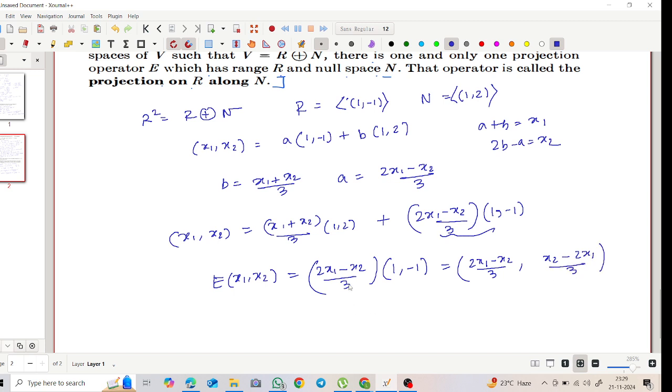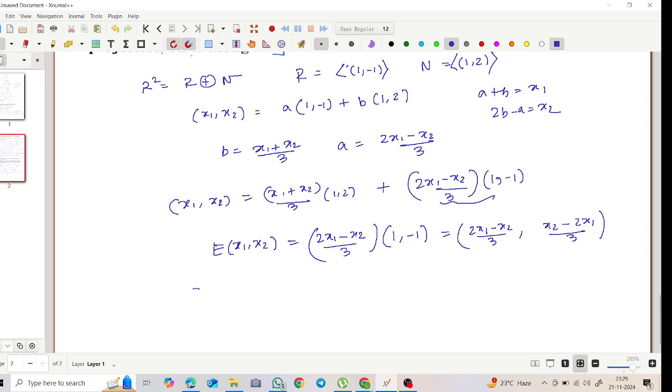I think you can write down the explicit matrix here by some mental calculation. Acting on x1, x2, the first row will be 2 by 3, minus 1 third, and the second row will be minus 2 by 3, comma 1 third. I think that's your E, I mean in the matrix form.